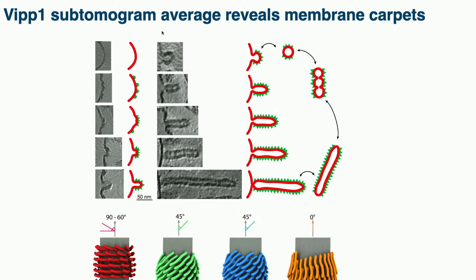And what you can see here is that at the moment in these carpets there is a kind of loose association in a sort of coat, and then once they reach a critical concentration, they kind of debud, pull out the membrane and eventually form these stacked rings or these rod structures that can then also dissociate from this.